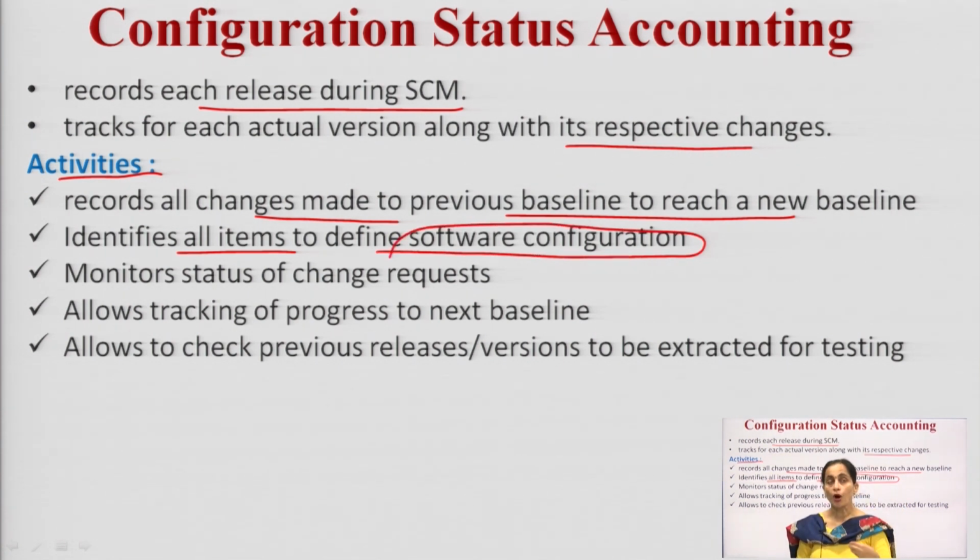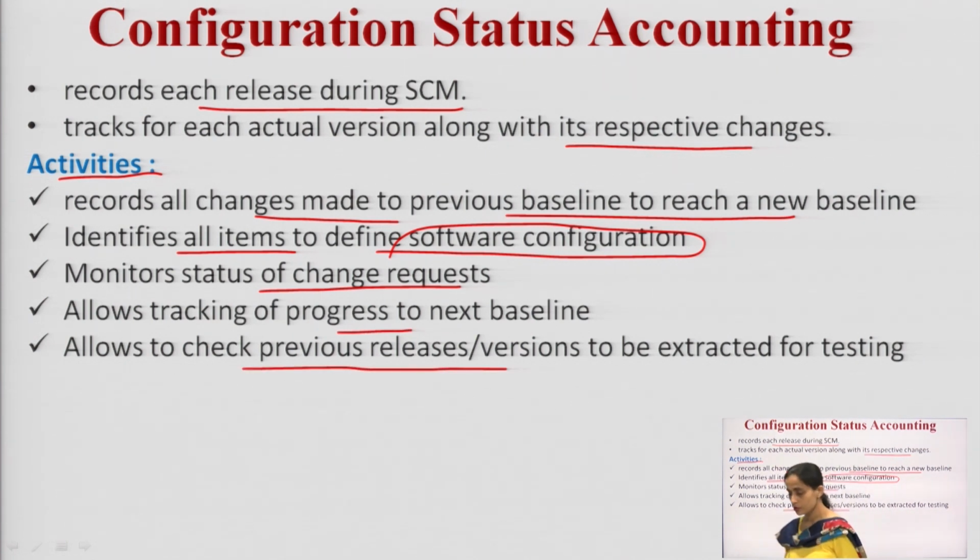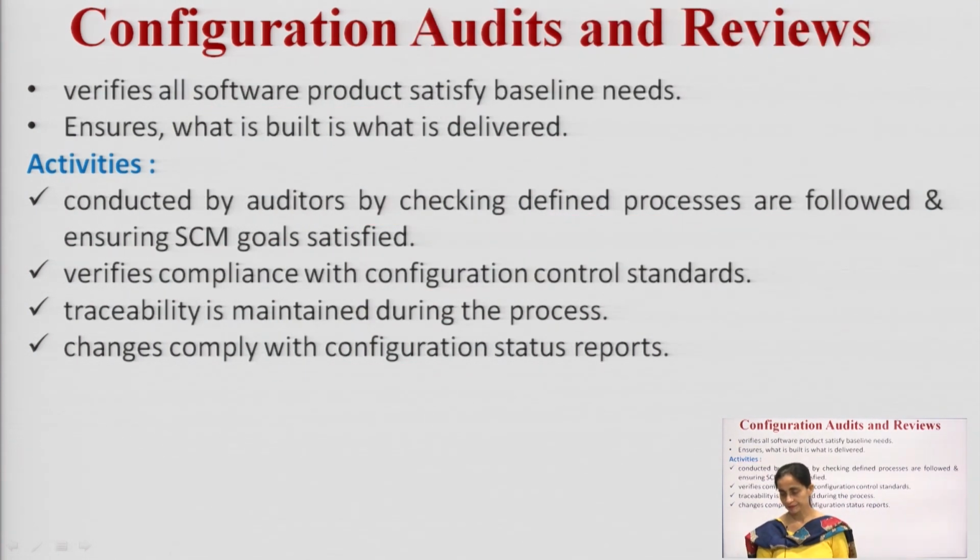Then it monitors the status of every change request. Then it allows tracking of the progress to meet the next baseline. Then it allows checking the previous releases that are extracted for testing purposes.